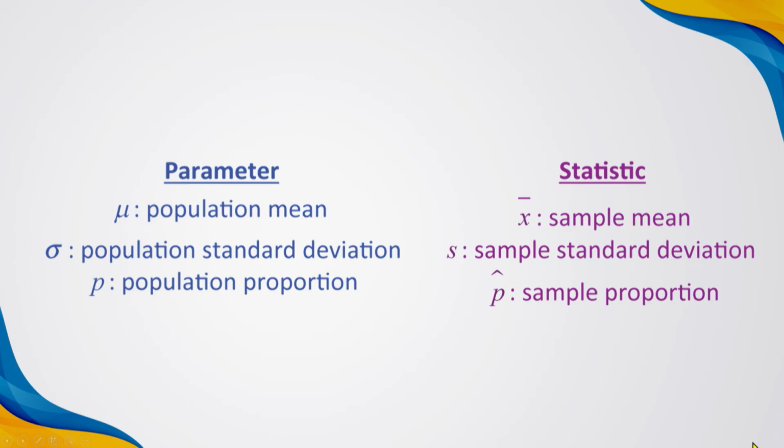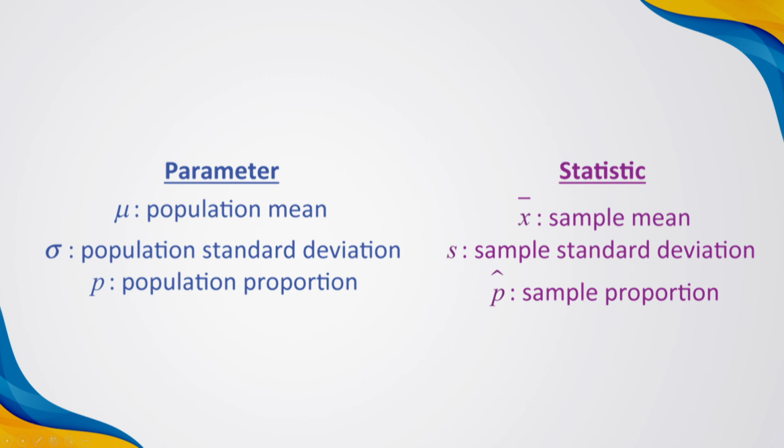So, it may be considered for the sample or for the population, and you denote them with different symbols. Mu is your population mean, similarly x bar is your sample mean. So mu speaks about a population parameter, x bar speaks about the sample statistic.